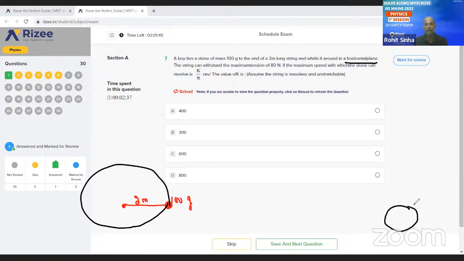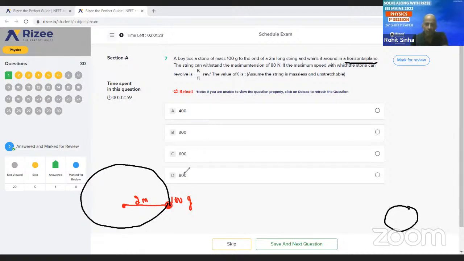And if we are not considering the value of g, then we perform horizontal circular motion, that is in the plane of your table, this type of circular motion.